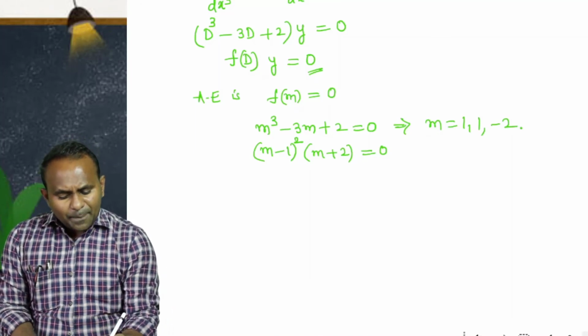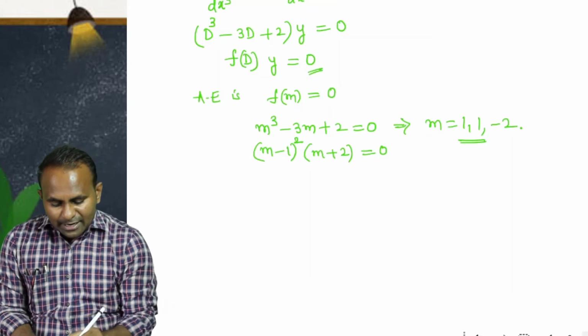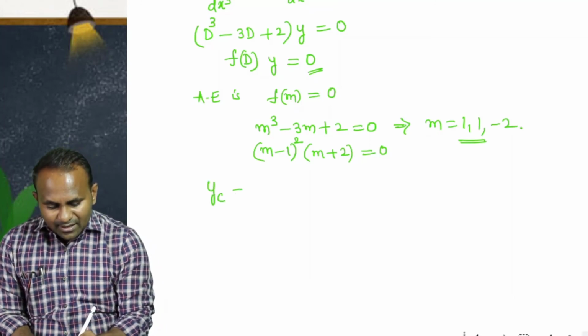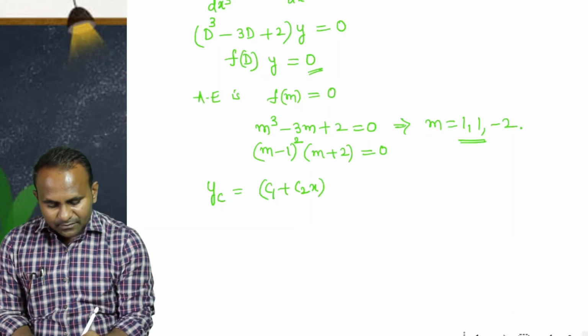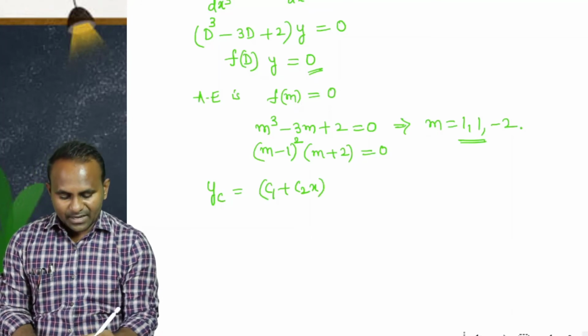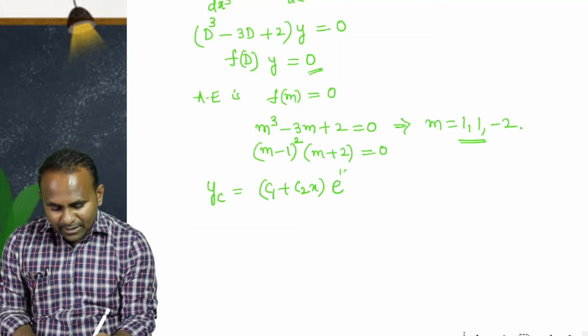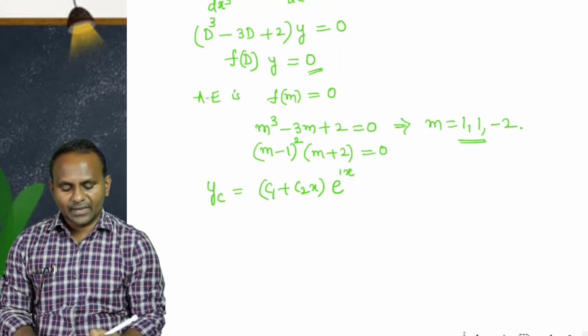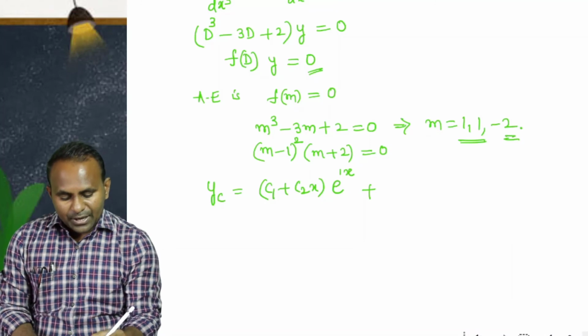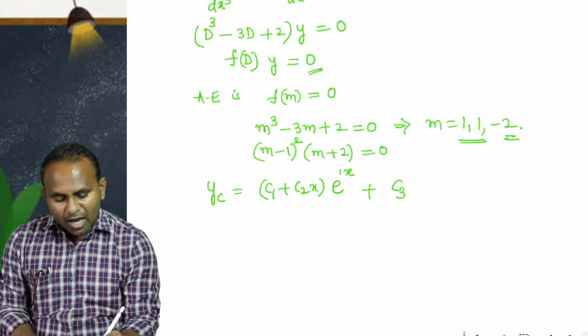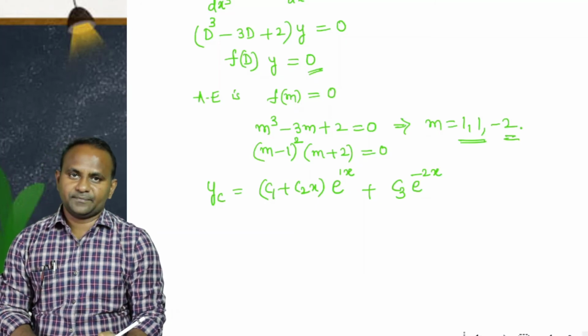Now, depending upon these two repeated roots, we write the complementary function as c1 plus c2 x, because it is repeated only 2 times, and the root is 1, so e to the power 1 times x. And according to the other real root, minus 2, you use another arbitrary constant with exponential of minus 2x.